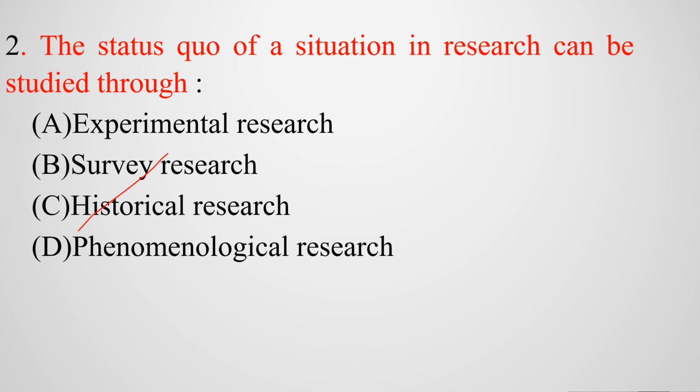The second option is survey research. Survey research involves collecting data from a sample of individuals or entities through structured questionnaires, interviews, or other survey instruments. It is commonly used to gather information about the attitude, opinion, performance, or behavior of the population.